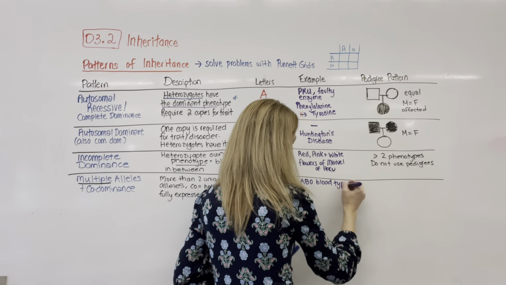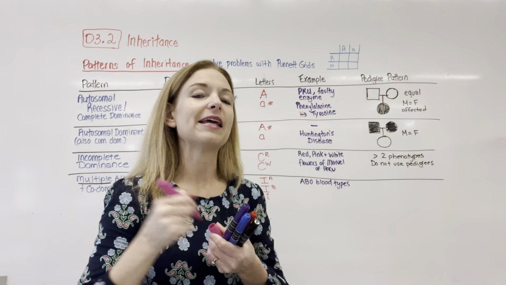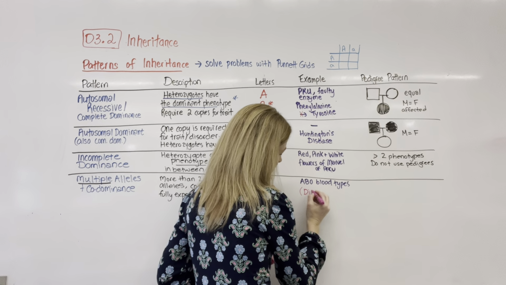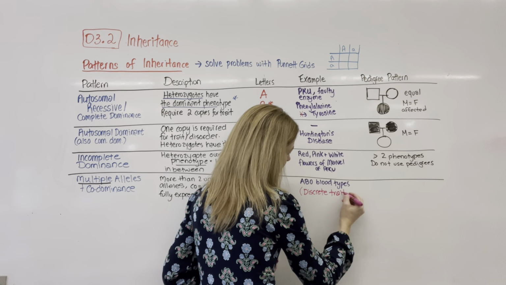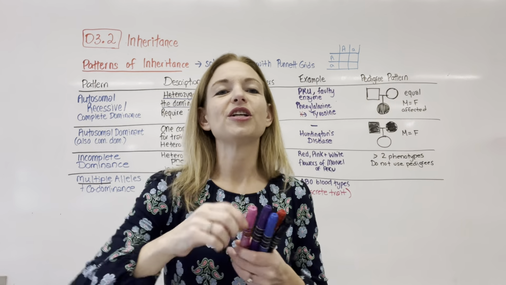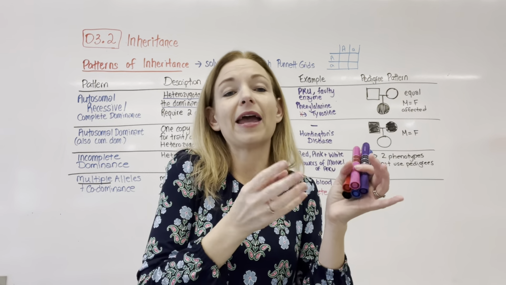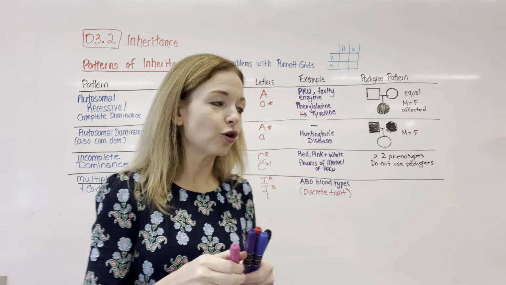The other thing that it wanted you to note is that ABO blood types are an example of a discrete trait. And so what we mean by a discrete trait is that you can't have like a little bit of A. You don't have like major A. You fit into a distinct category.